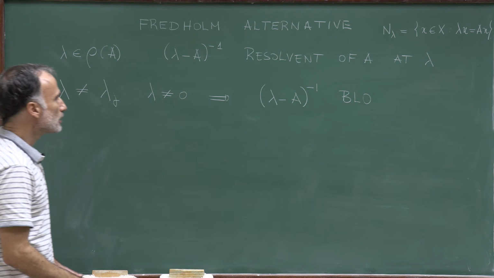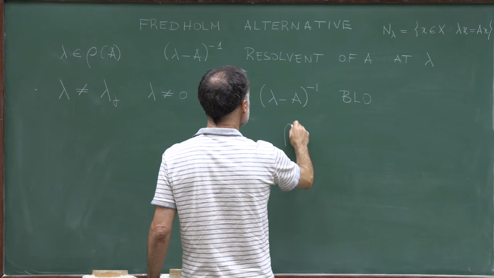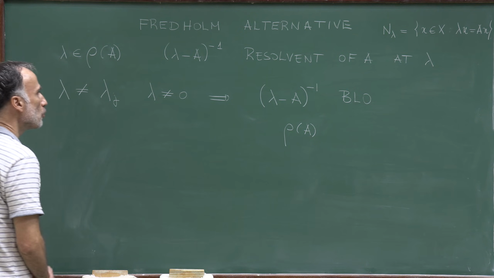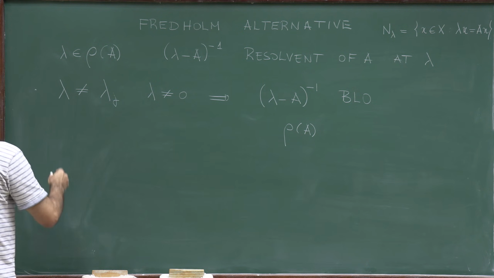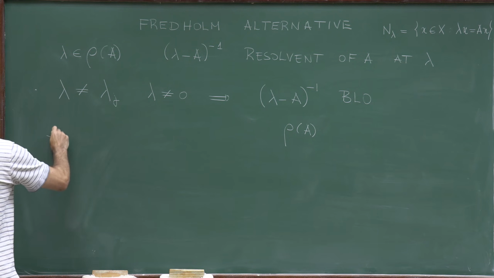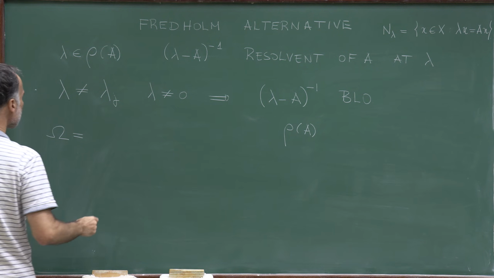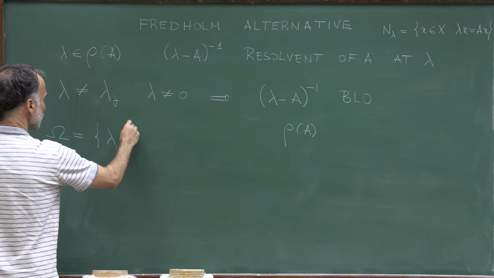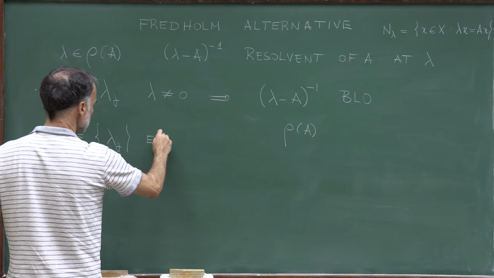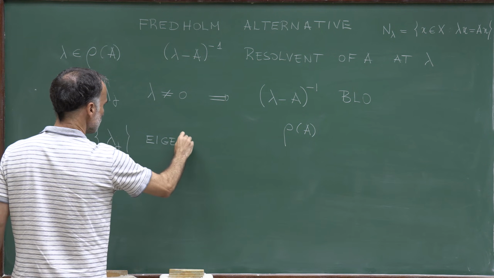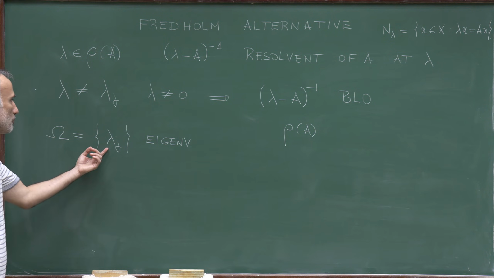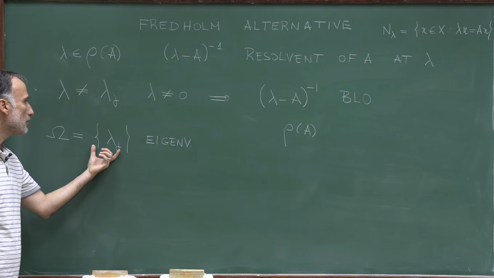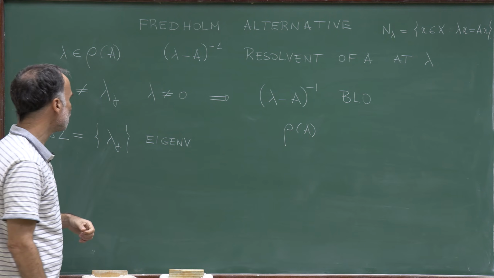So this is telling us that the resolvent set contains all these points. I need a definition. Let me call omega the set of lambda j's, the set of eigenvalues, which might include 0 because 0 might be an eigenvalue. But omega will be the set of eigenvalues.